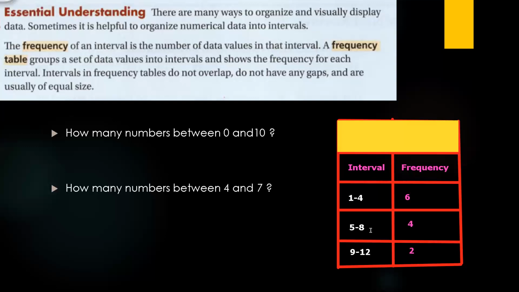They must have equal size, and they mustn't overlap or have any gaps. This is an example of how to make the frequency table. You put in intervals as I did, and you ask your friends in which month they were born.